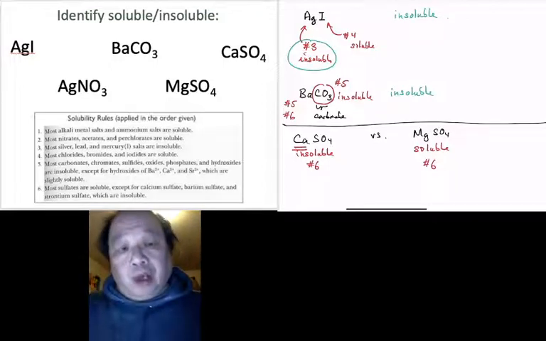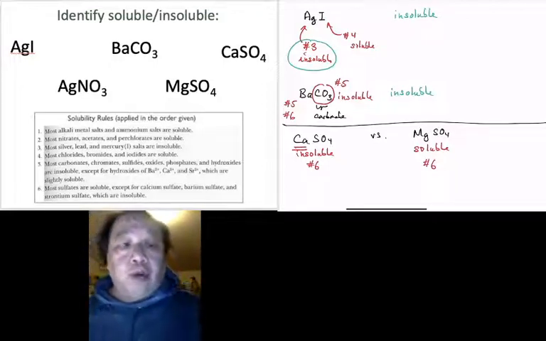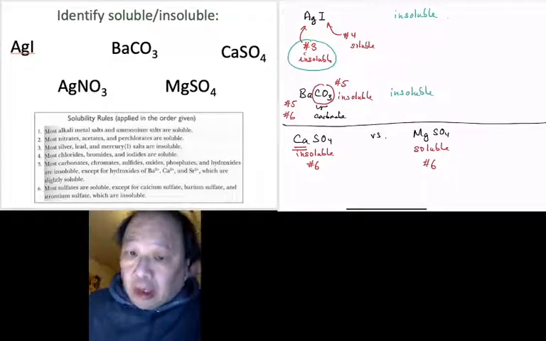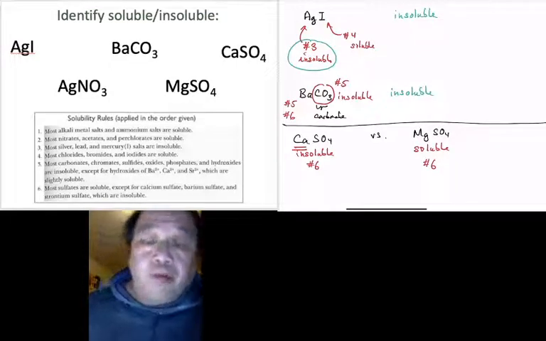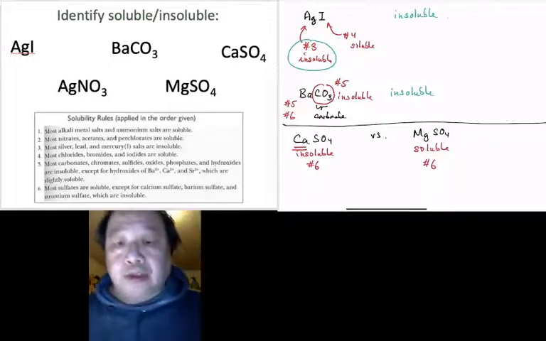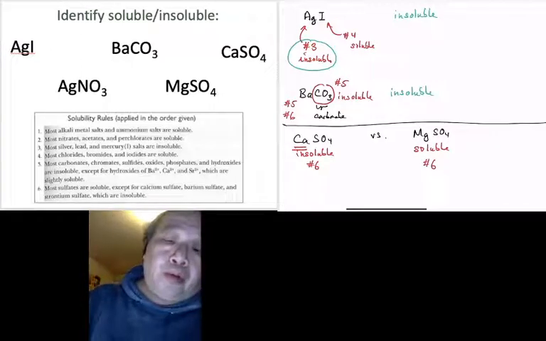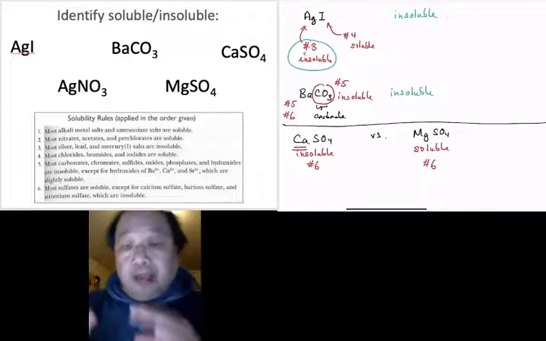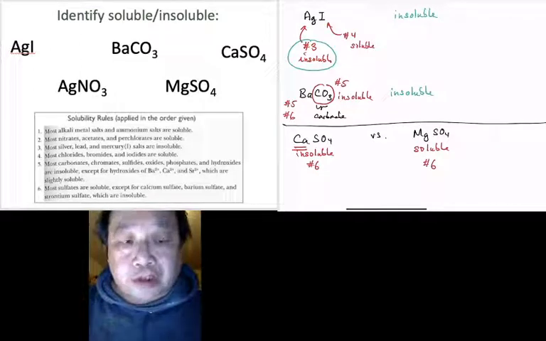And so we can deduce then whether a salt with a plus charge and a minus charge, cation and anion, whether a salt is soluble or insoluble. And that's the first level of deduction we can make using the rules.